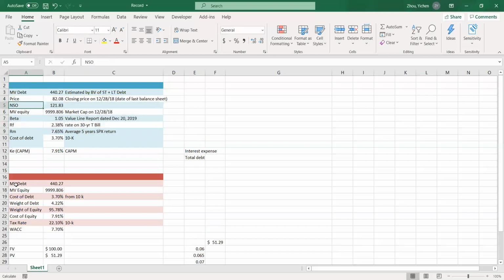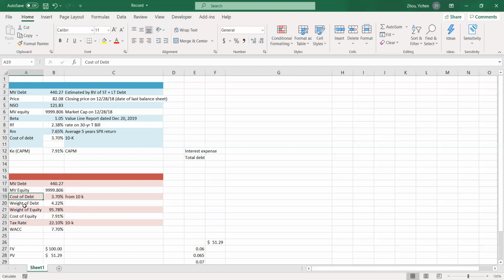Okay. The market value of debt we already found, and we also found the market value of equity. As I just mentioned before, the cost of debt is 3.7%, and the cost of equity we get is 7.91%.